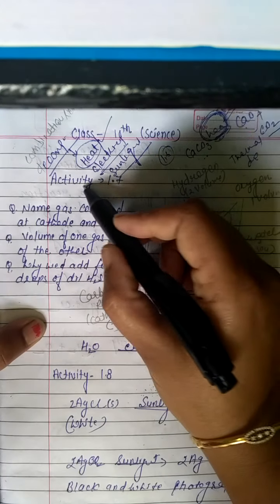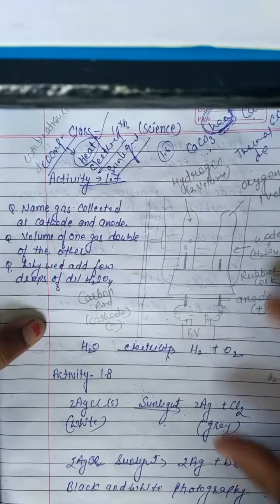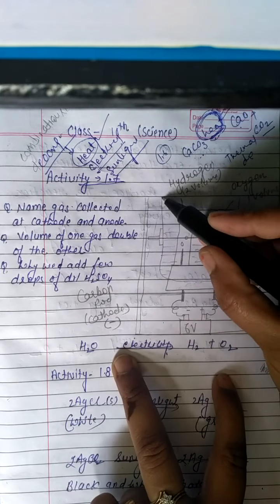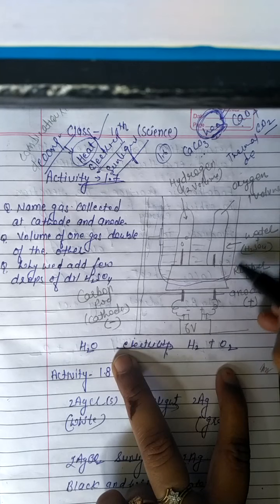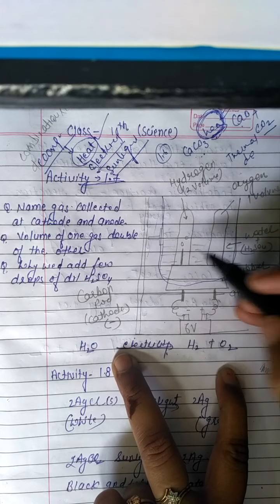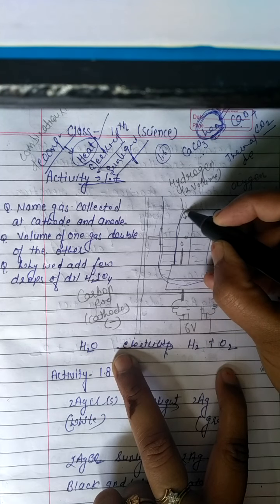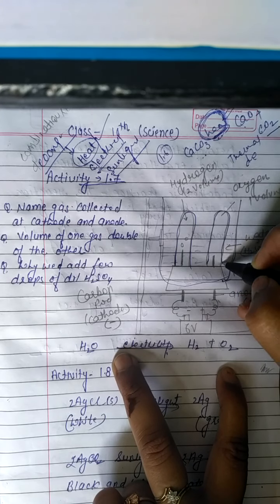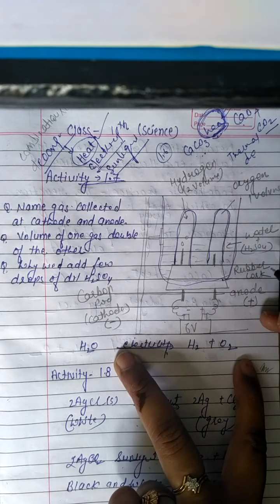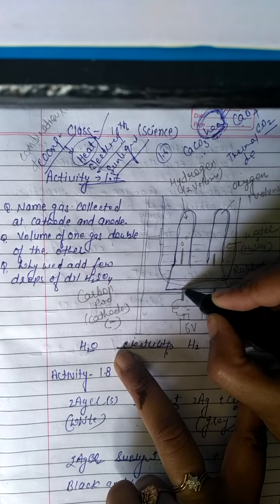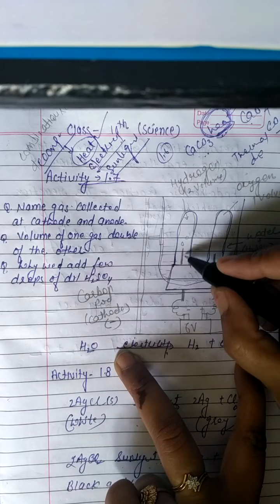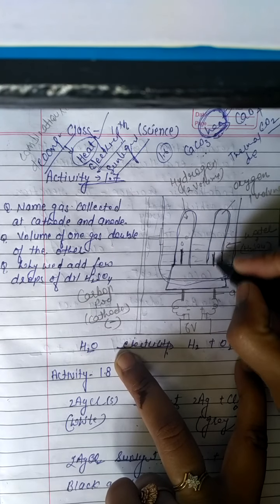Now in activity 1.7, we take a mug and insert two test tubes, and fit a rubber cork with carbon electrodes.